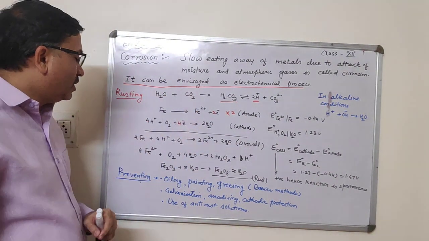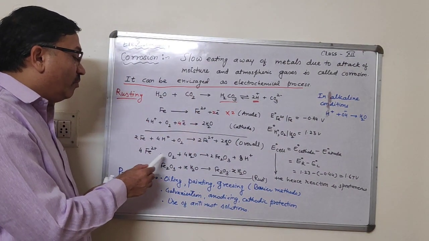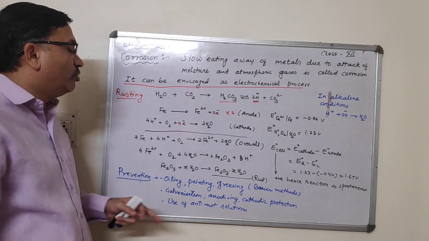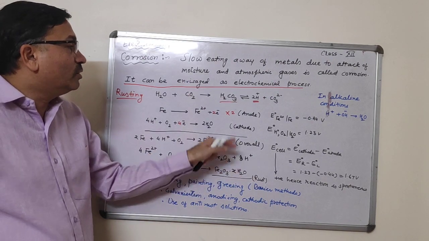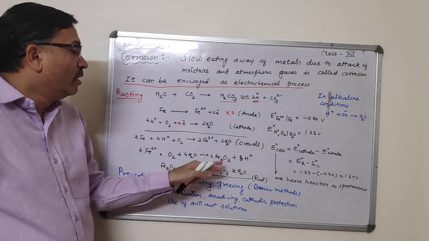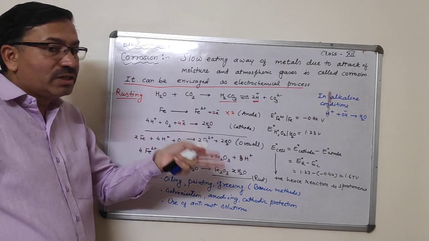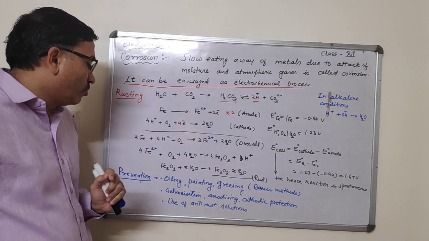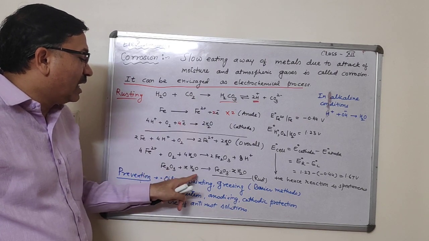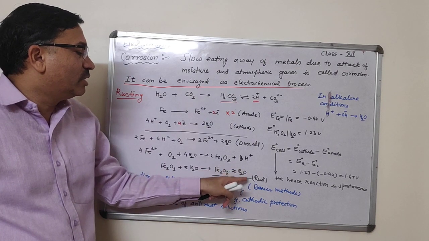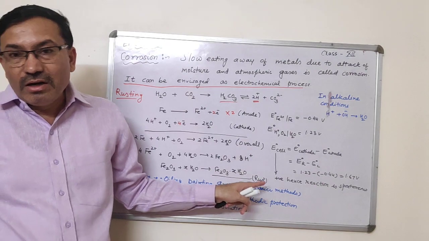Now what happens next? This Fe2 plus ion further reacts with O2 and H2O and forms Fe2O3 and H plus. Once H plus ion is formed, it will be continuously formed during the process. And this Fe2O3.xH2O is your brown colored rust.